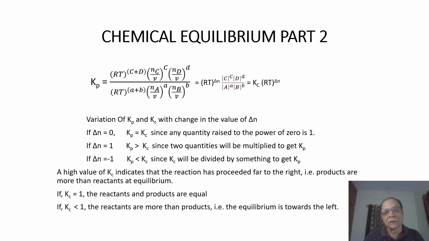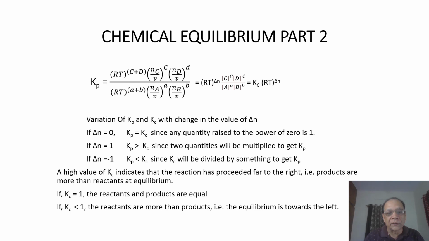In that case, final moles minus initial moles, that is moles of products minus moles of reactants, can be zero. So if del n is equal to 0, Kp is equal to Kc, since any quantity raised to the power of 0 is 1. So Kc multiplied by 1 is Kc, Kp equals Kc.